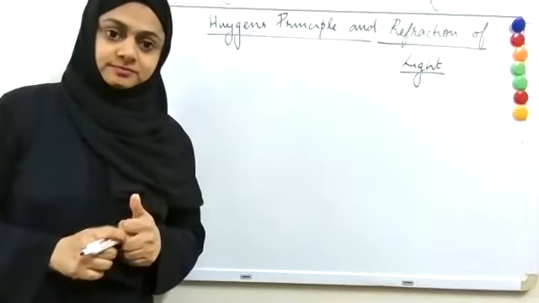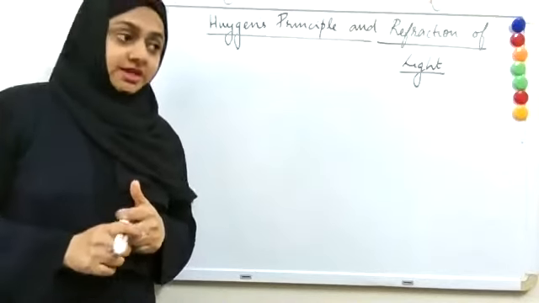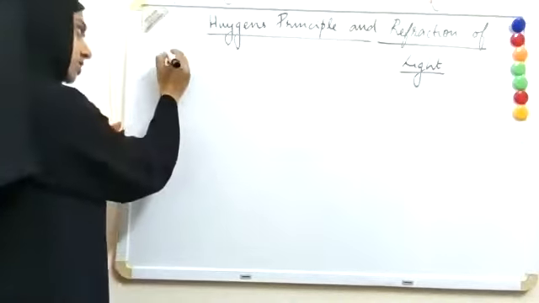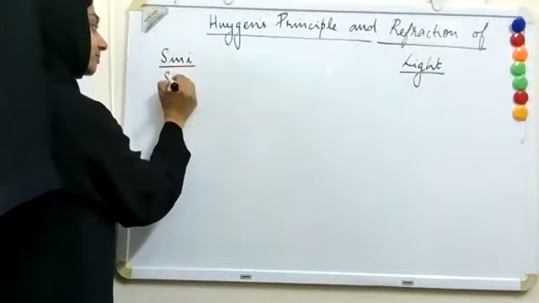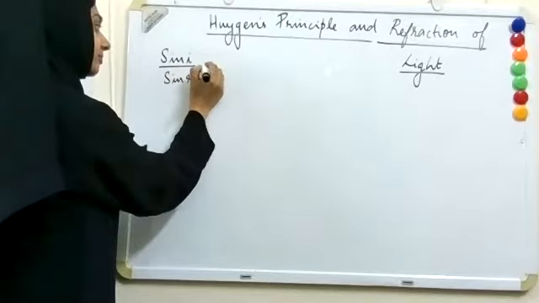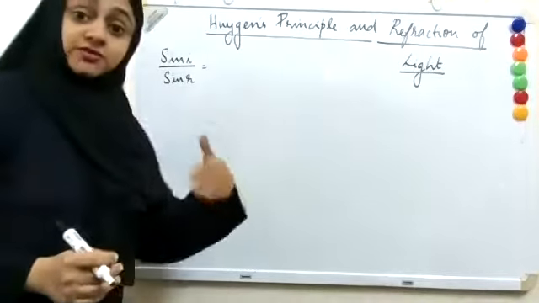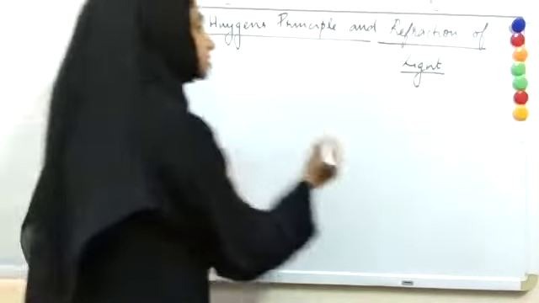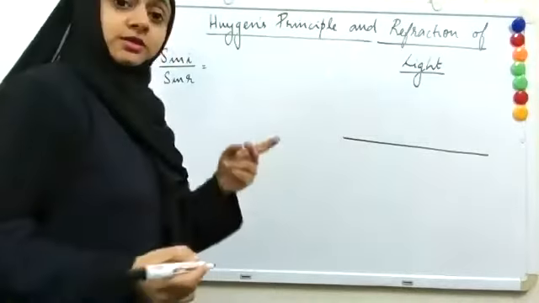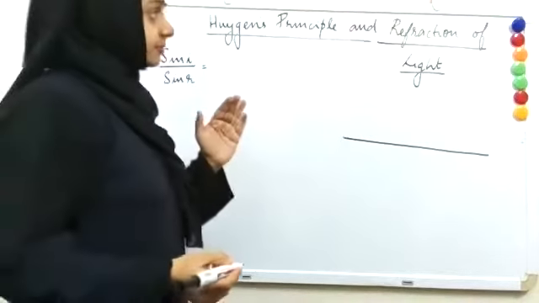Sin I by sin R equal to constant. Yeah. What is that constant? A refractive index. Refractive index of the second medium with respect to the first medium. So suppose there are two media, because for refraction to occur, there should be two different media.